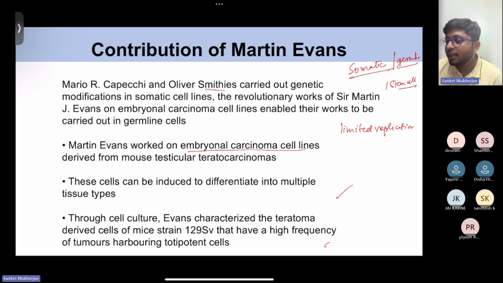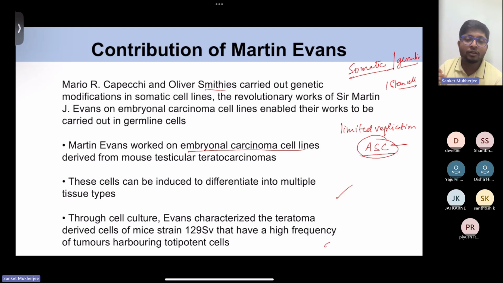It's not possible. But when we go for modifying a stem cell, there it is possible to create some impact, because that stem cell will further divide into multiple cell types. There are also adult stem cells, and modifications in adult stem cells could be performed. Let's say every cell type has its own adult stem cell. If we modify this adult stem cell, there is a chance that it will further differentiate into its own lineage, and it will lead to multiple cells which would have this corrected version of the gene.